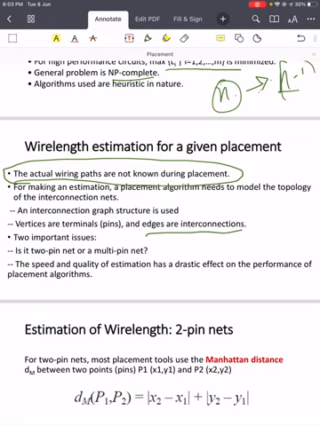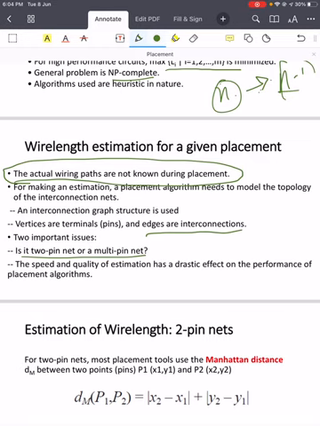Two things need to be considered during wire length estimation in placement. First, whether it is a 2-pin net or a multi-pin net: any estimation model that you employ must be applicable to both 2-pin and multi-pin nets.